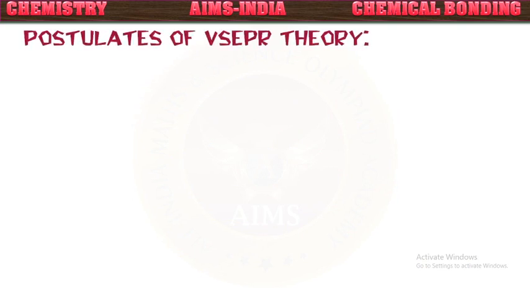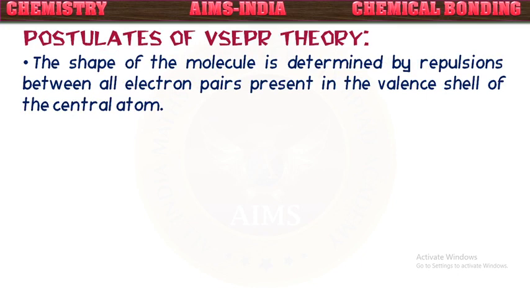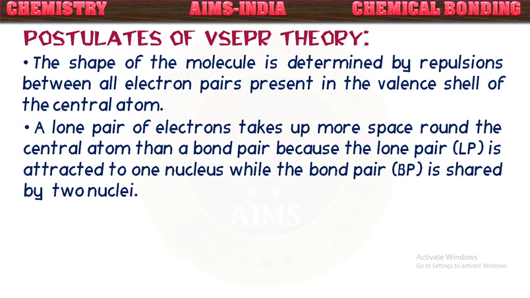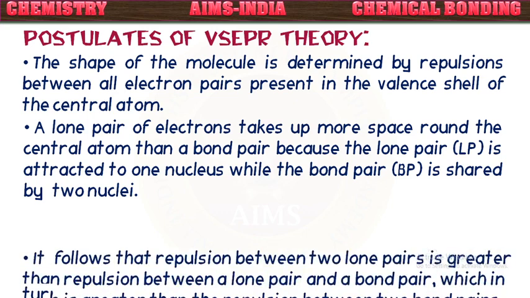Let us see the important postulates from this VSEPR theory. One among them is that the shape of the molecule is determined by repulsions between all the electron pairs present in the valence shell of the central atom. A lone pair of electrons takes up more space around the central atom than a bond pair, because the lone pair is attracted to one nucleus, that is the central atom, while the bond pair is shared by two nuclei.